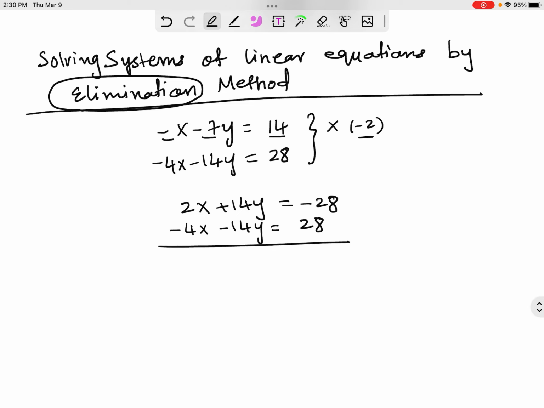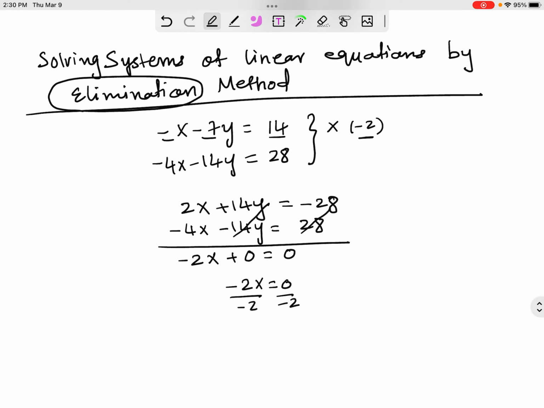And then we're going to add them. So 2x minus 4x is -2x, 14y minus 14y is just 0, and -28 plus 28 is also 0. So we get -2x equals 0. We divide both sides by -2. Well, 0 over any number is always 0, and so we end up with x equals 0.